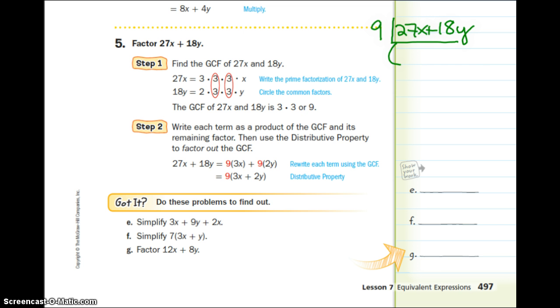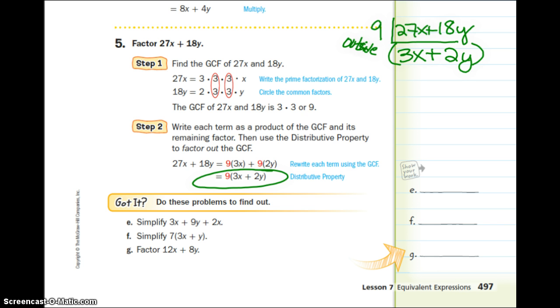Then I'm going to set up my parentheses. 9 goes into 27 3 times, and those are x's. I'm going to bring down my plus. 9 goes into 18 2 times, and those are y. So in the end, I've got 9 on the outside and 3x plus 2y on the inside.